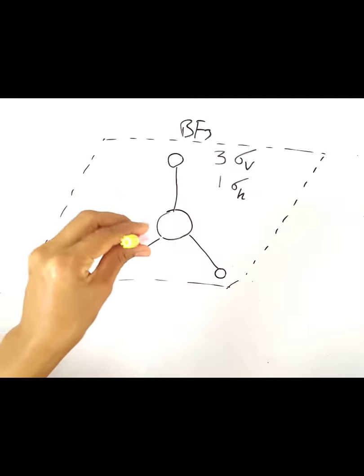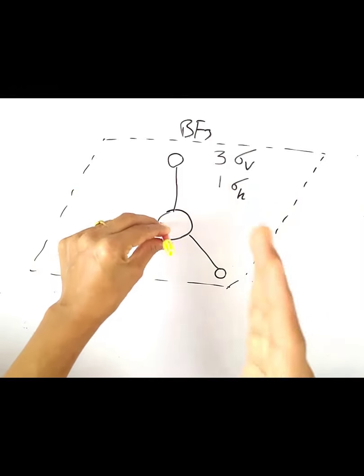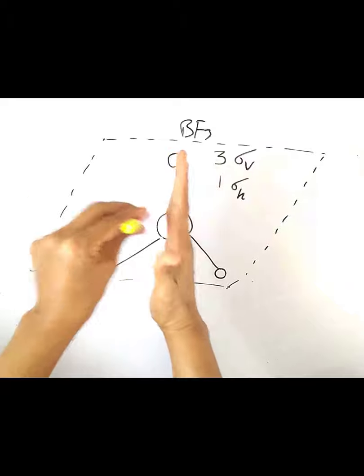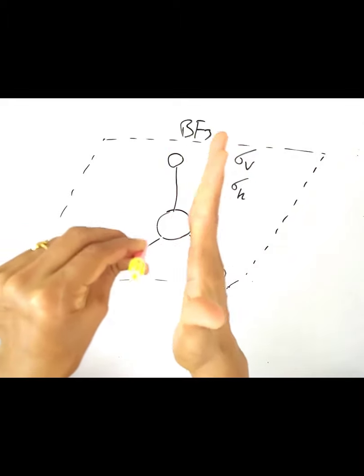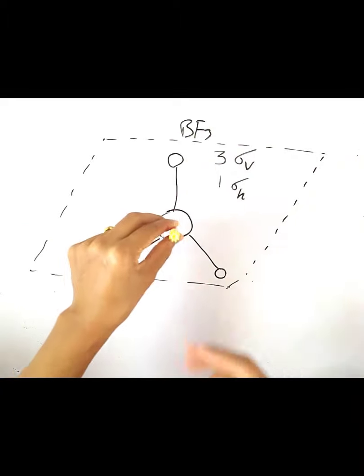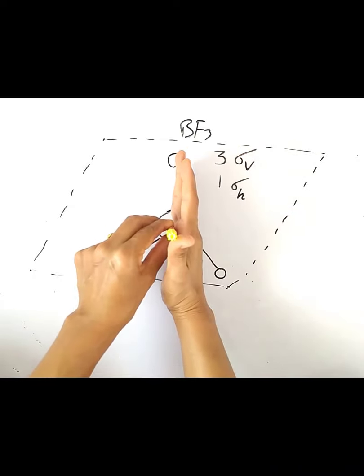In short, I am revising again. This is the principal axis, first sigma V. What is the angle between these two? 0 degrees. So parallel.